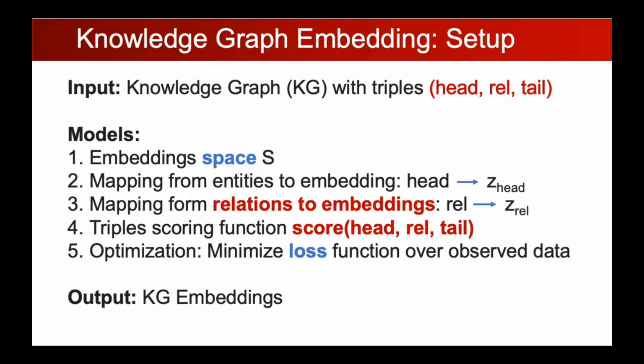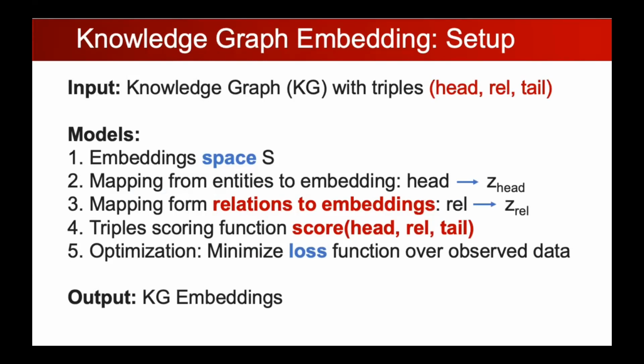And so the way we learn embeddings for this graph is still by picking an embedding space. And then we also have a mapping from entities to the space. But we also now have to consider a mapping from relations to embeddings, which are essentially going to be transformations modeling the relationship between entities.